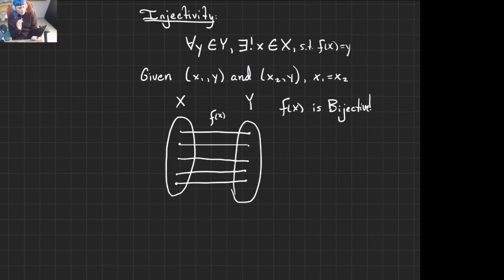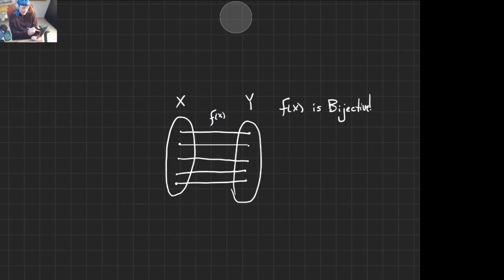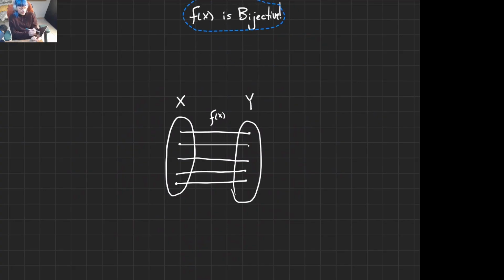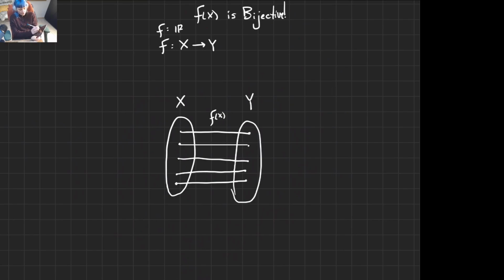So if f of x is bijective, then what we're saying, let's just clean this up a little bit. If f of x is bijective, then what we're saying is that for a function f which maps x to y, and here we'll say that f is mapping the reals to the reals.